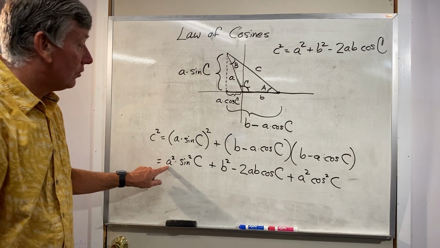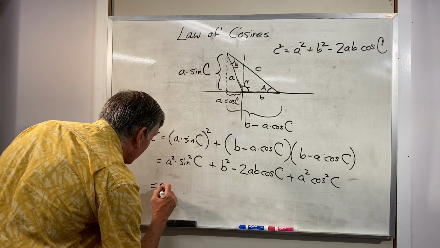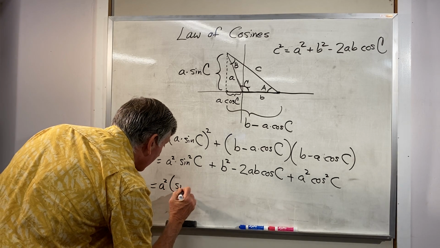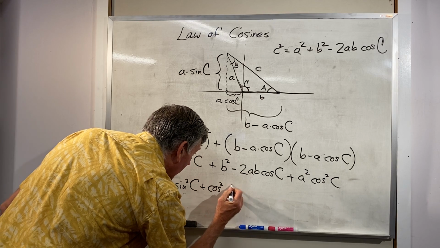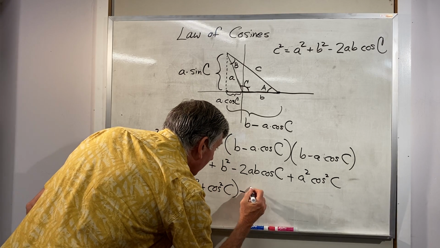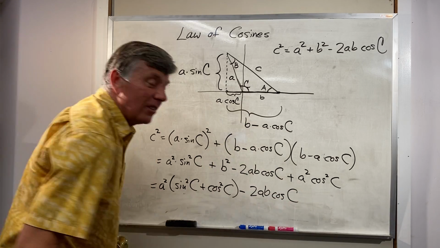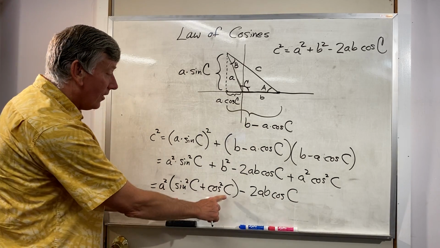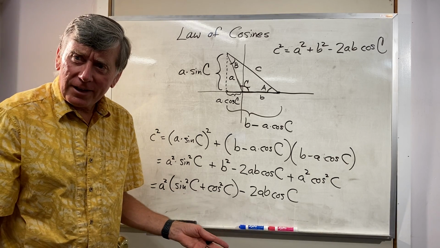I have an A squared term here and an A squared term here. I'm going to write that as A squared times the sine squared of C plus the cosine squared of C, minus 2AB cosine C. And you can see where I'm going now because this sine squared plus cos squared, that's our basic identity.